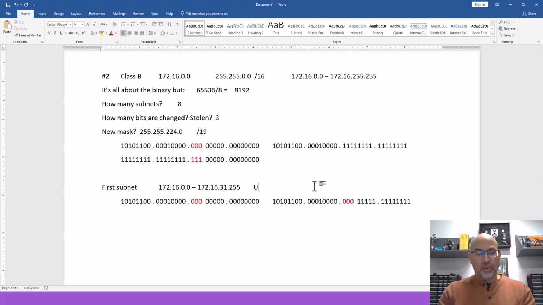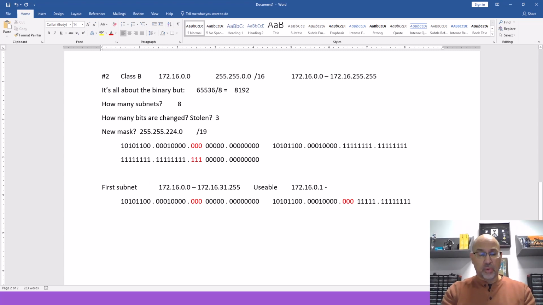Now, what are the usable hosts in this particular subnet? We would say that they are 192, geez, I keep doing that. We would say it's 172.16.0.1 because this is the subnet ID.